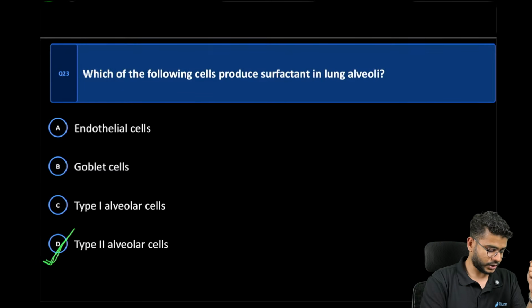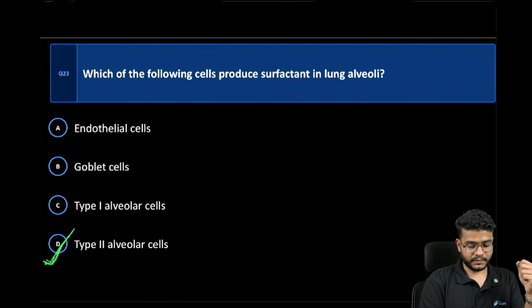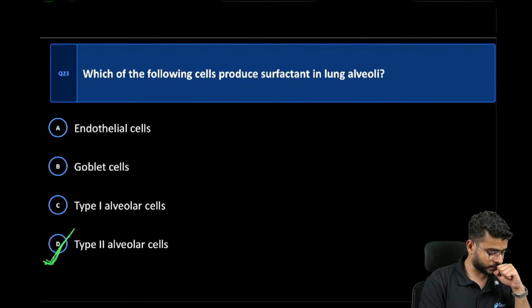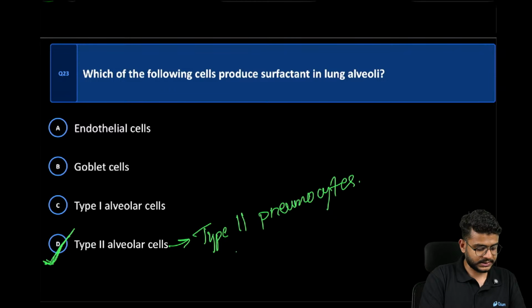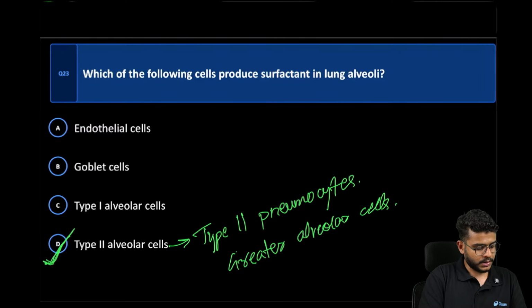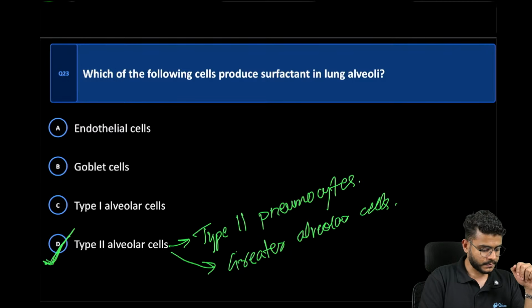Type 2 pneumocytes or type 2 alveolar cells, also known as great alveolar cells. Clear? These are just the other names.